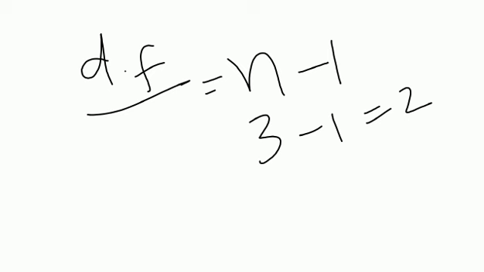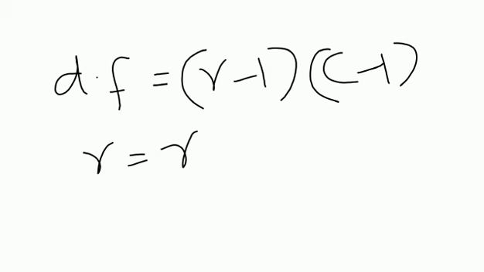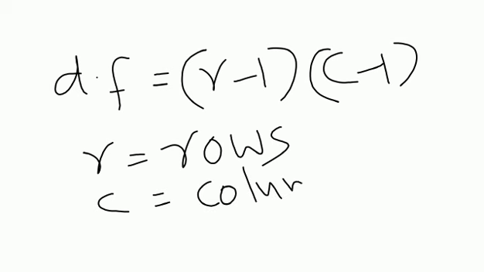The degree of freedom from a contingency table is equal to r minus 1 into c minus 1, where r is the number of rows in the table and c is the number of columns in the table. Clear?